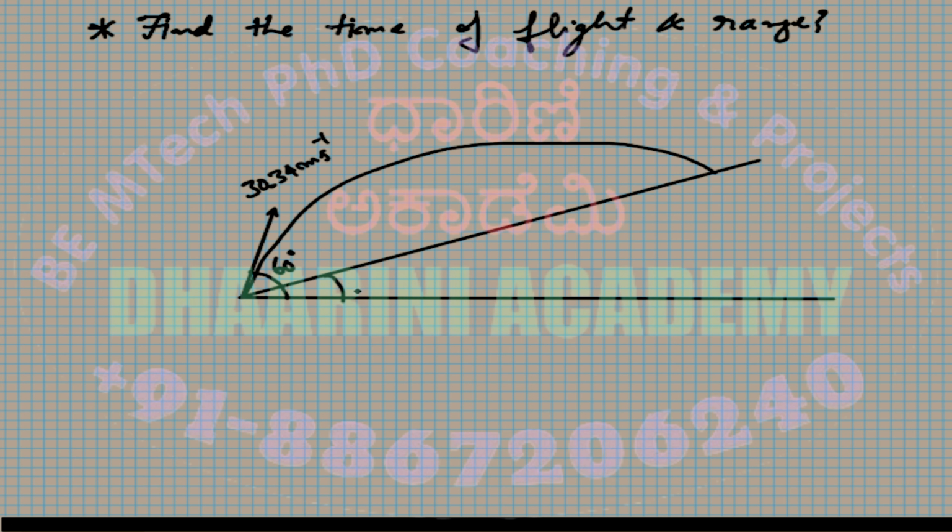This is 30 degrees. So we can give the same names, like this is O, this is P, and if you draw vertical, you can call this Q. Okay, take g equal to 9.8 meter per second square and solve this question.